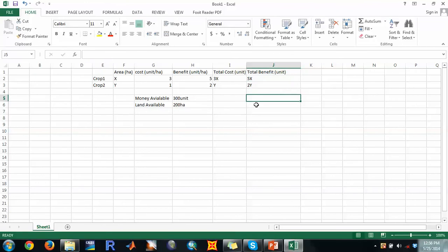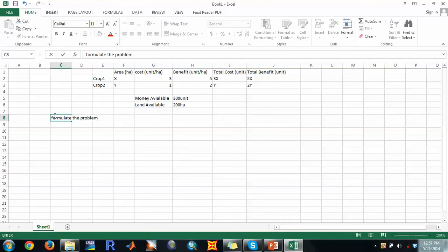Now from this we can create our conditions, or formulate the problem. Our objective function, let's say z, is our objective function.